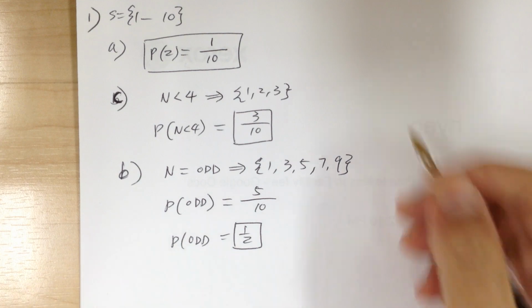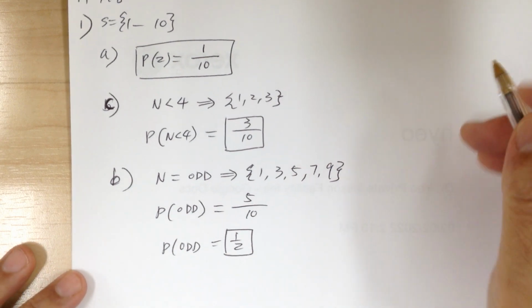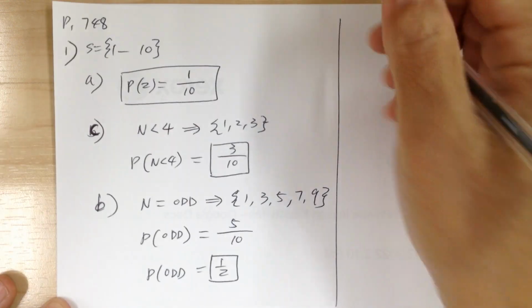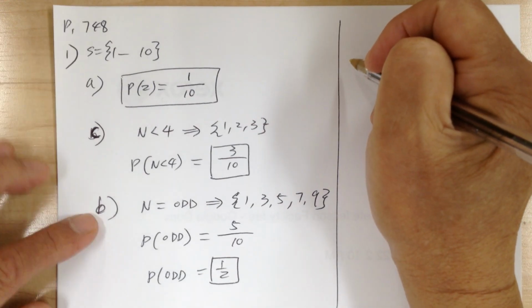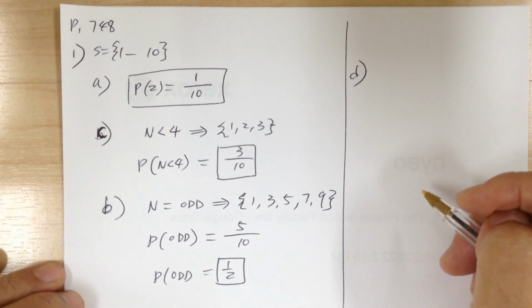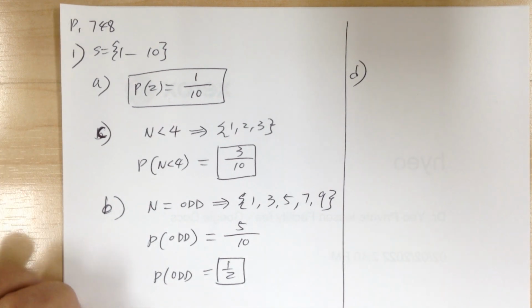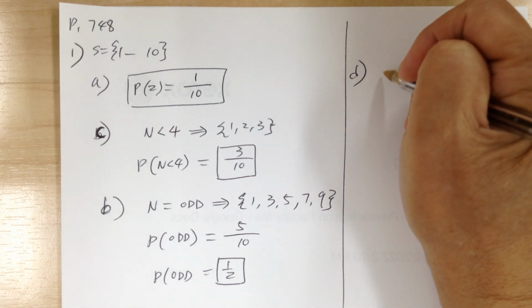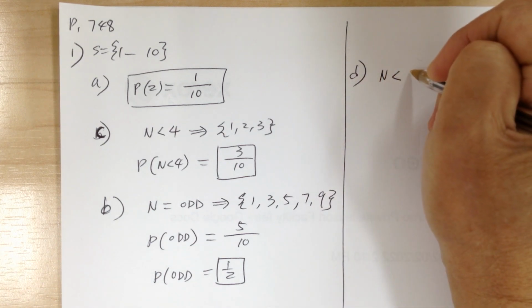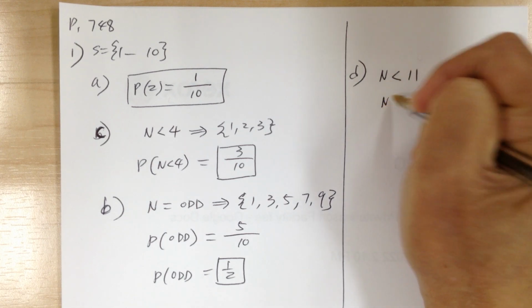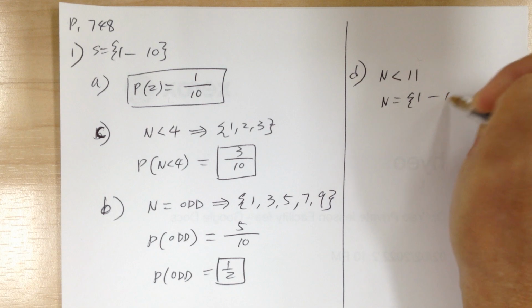Now, let's do it up here because I don't want to keep scrolling down. So A, B, C, and let's do D. D is less than 11. So the answer, the number is less than 11. In this case, the number will equal 1 through 10, right?